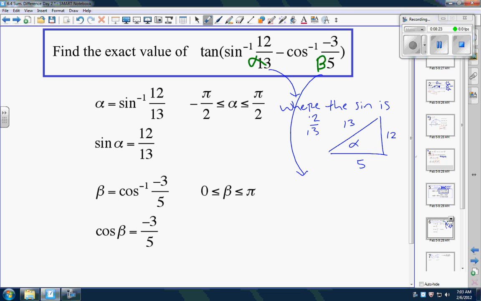This guy here, where is the cosine negative 3/5? Inverse cosine's defined here and quadrant 2, so we get one that's negative as well. It is a negative 3/5, so we got to be in quadrant 2. So we said we'd call this guy beta, cosine negative 3/5.